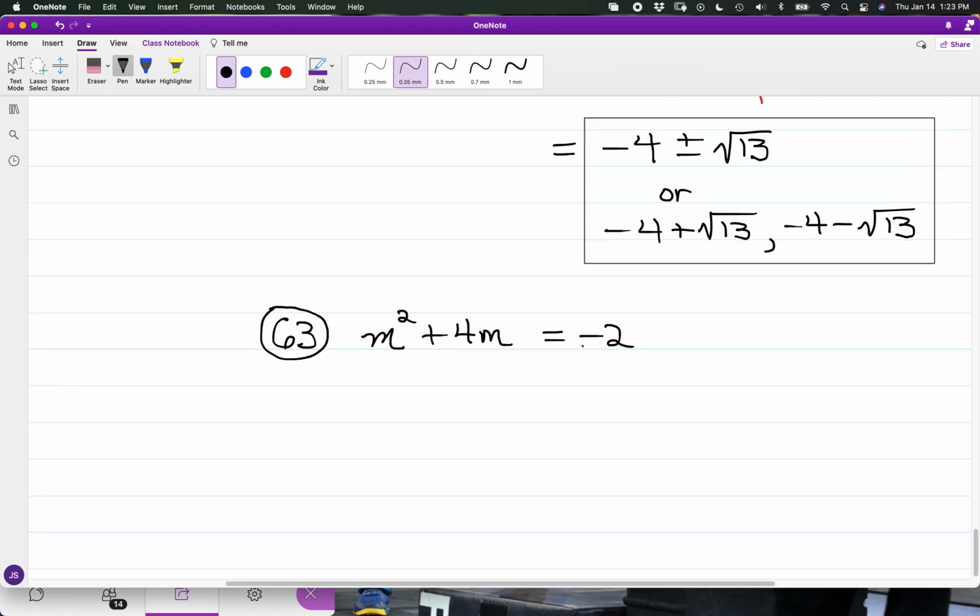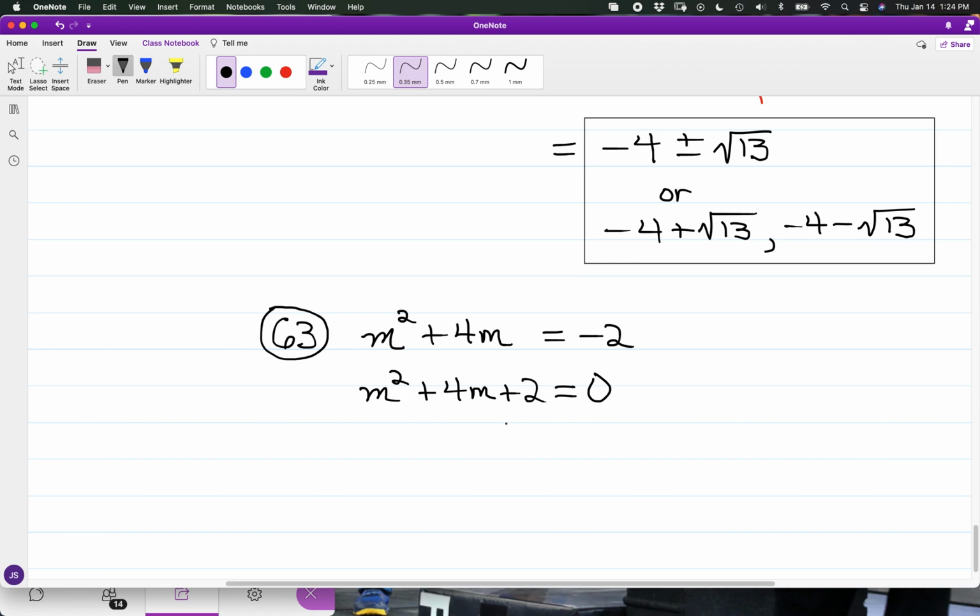If I write this equation in standard form, I'm going to have m squared plus 4m plus 2 is equal to 0. Now for this particular trinomial, one might try to factor m squared to m and m, and the problem is that there are no integer factors of 2 that will add up to 4.